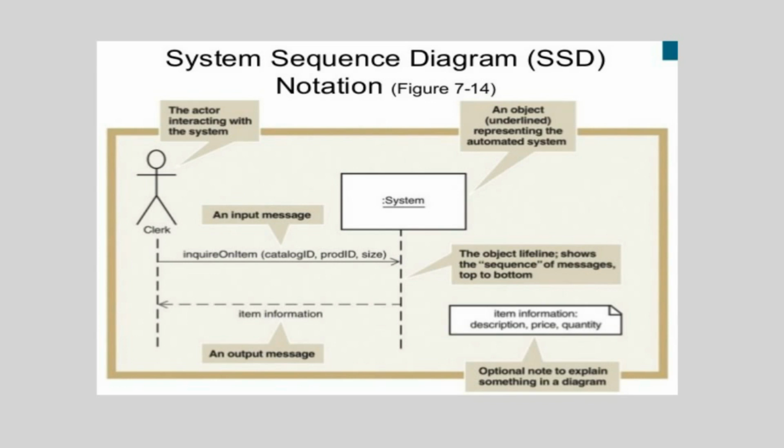Then the message goes to an object that represents the automated system. Underneath the system is the object lifeline, which shows the sequence of messages from top to bottom. Then after the process, the item information like description, price, and quantity is the output message that will go back to the user.